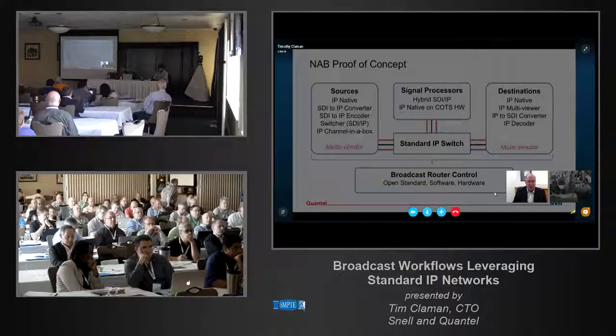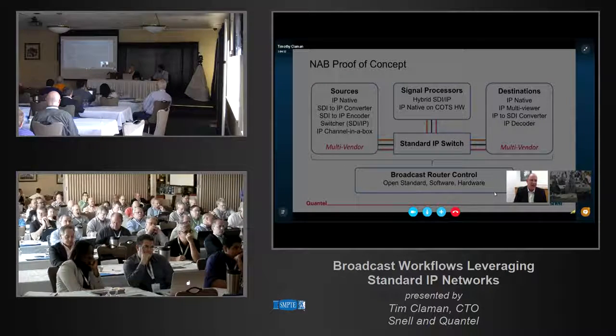Another factor is that we were showing a multi-vendor arrangement of devices, and I think you're seeing more and more of that at these demonstrations. So every trade show or every regional event, you'll see more and more interoperability.